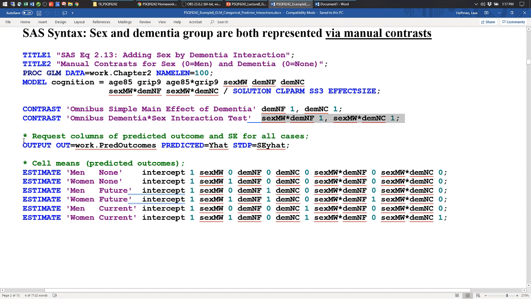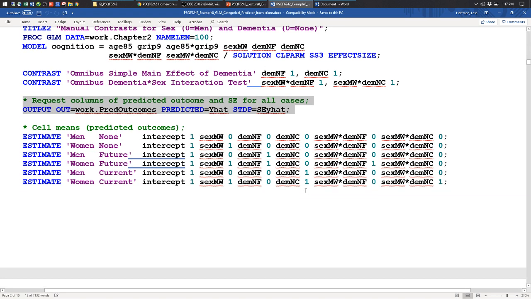I have fake people in this data set, so if you're interested in learning how to do that, this is the extra piece of code that you need to add. It creates a new data set, in this case in the work library, called predicted outcomes. It has a column of predicted outcomes that I have named Y hat. It has a column of standard errors for the predicted outcomes that I have named SEY hat.